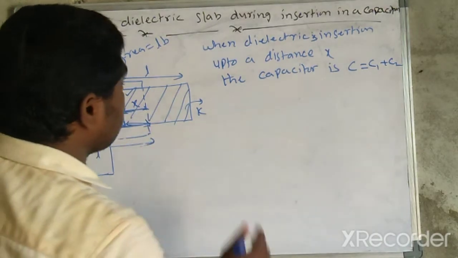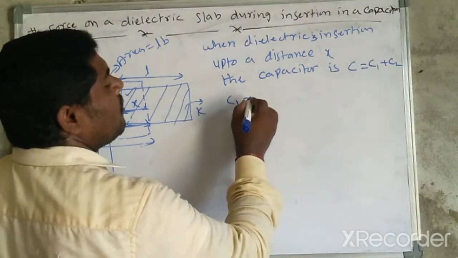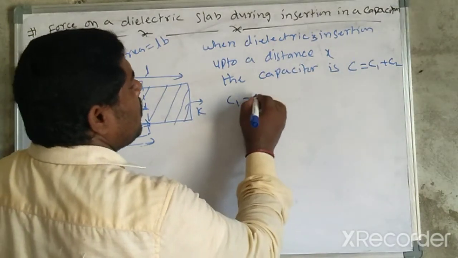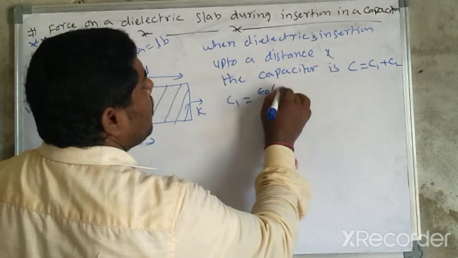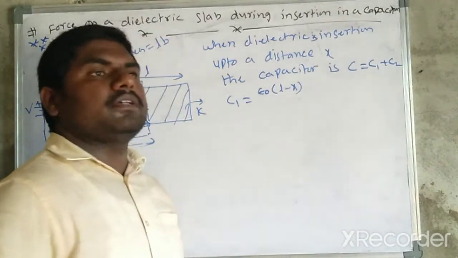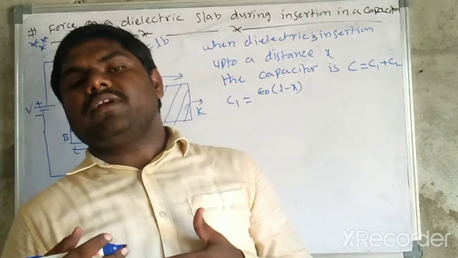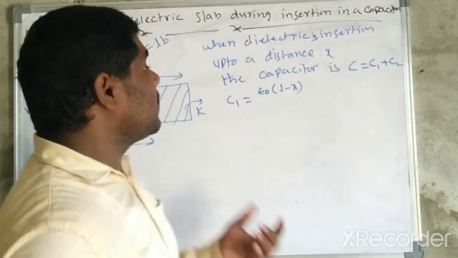Here C1 is equal to epsilon naught into (L minus x), because we know the formula C is equal to epsilon naught A divided by D. A is nothing but length into breadth.